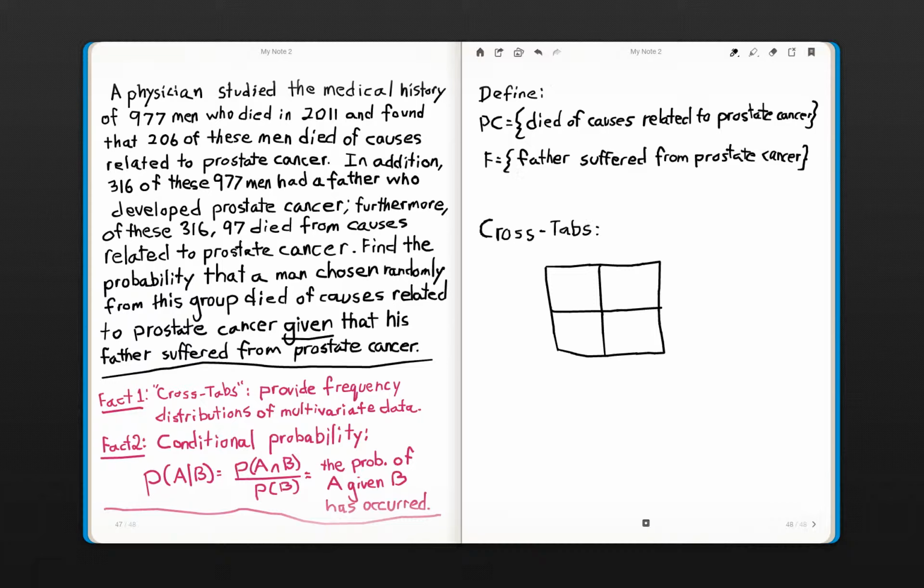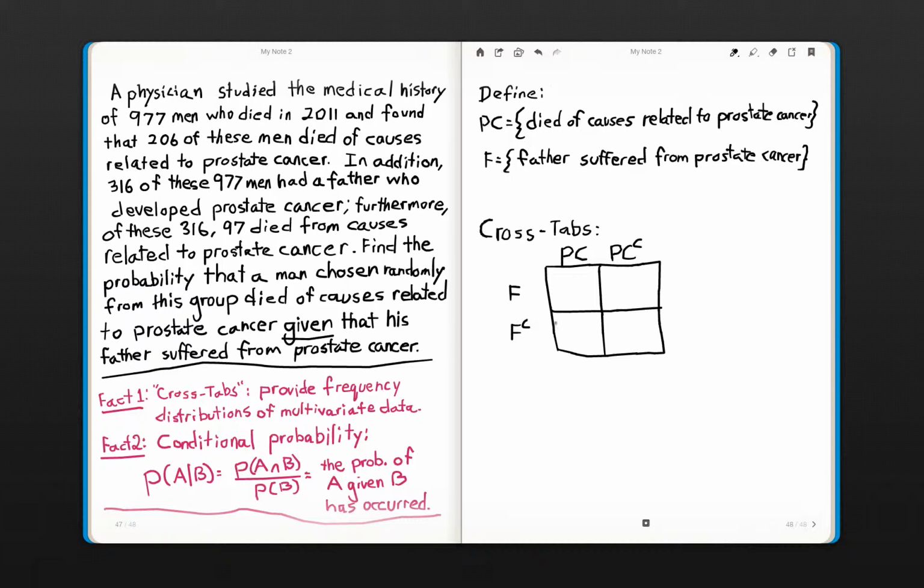Let me label this here PC. This column will represent those that died of prostate cancer, and this column will represent those that did not die of prostate cancer. This row will designate those that had a father that died or suffered complications from prostate cancer, and this row will represent those that did not.